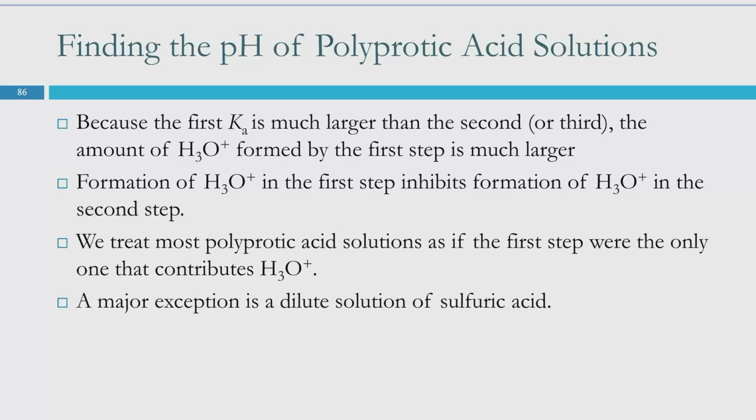We know that our Ka1 is always going to be more substantial and form more H plus than our second or third. And the key to this is that our formation of H3O plus in our first step, our biggest Ka, inhibits the formation of H3O plus in the second step.